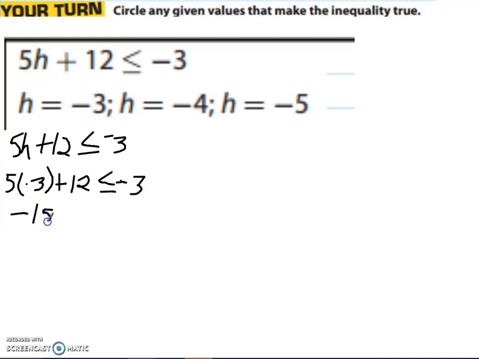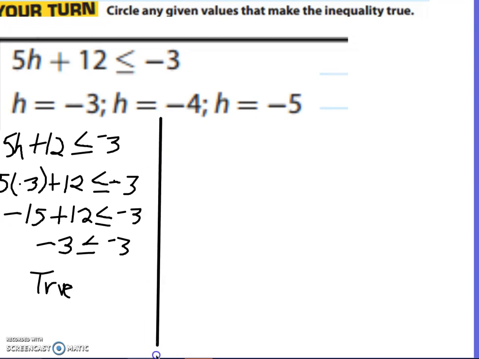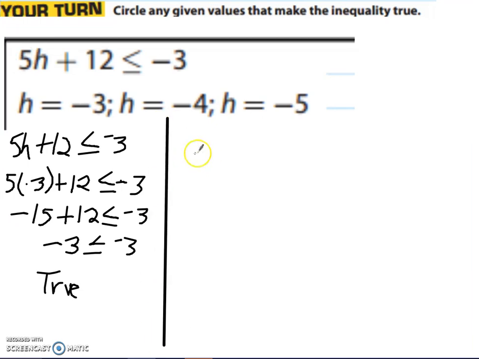We get negative 15 plus 12. Different signs, subtract. We get negative 3. Well, negative 3 equals negative 3, so that's true. All right, the next one.